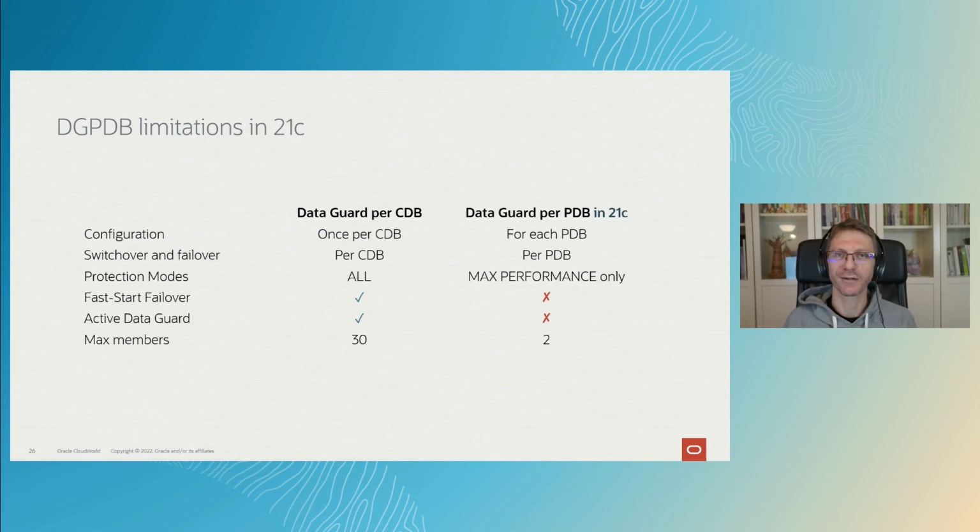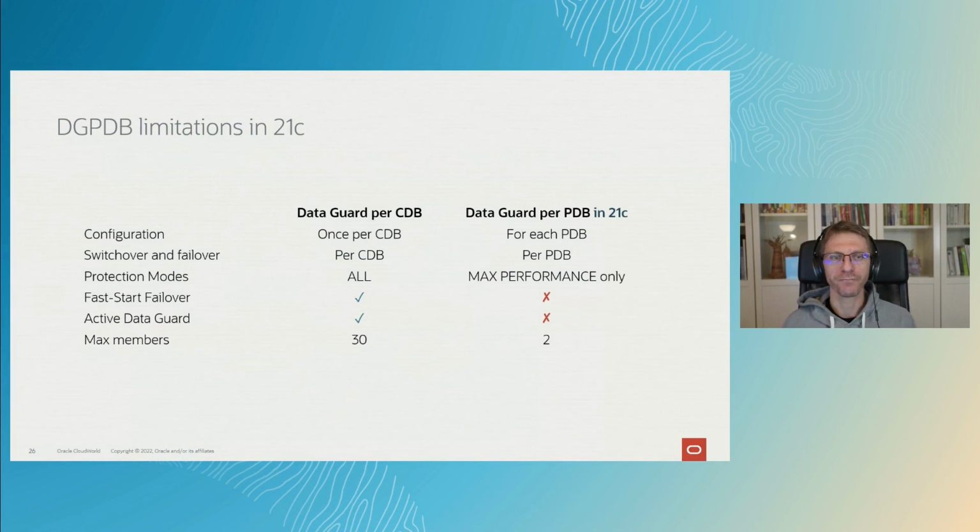Imagine that the traditional Data Guard is something that we have developed for more than 20 years, and we had all the time to add so many features. Now we are just in the first release of Data Guard per pluggable database, so it is normal that we have some gaps that we still need to fix. Some gaps will be fixed already in 23c, but there will be other limitations that will not be fixed in 23c, and we'll have to wait for future releases.